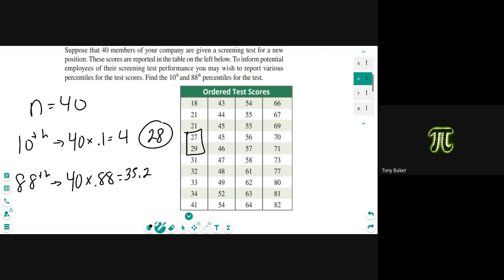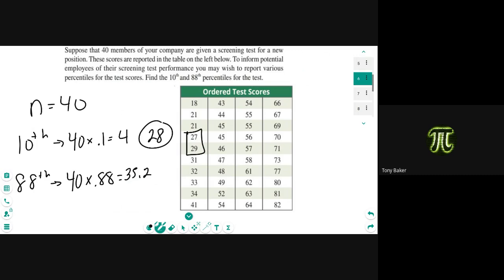Does that make sense? After you get them, you add them up and divide by 2. You're looking for the middle number, basically, between those two. So your percentiles do not necessarily have to be a number on the list, just like your median doesn't.